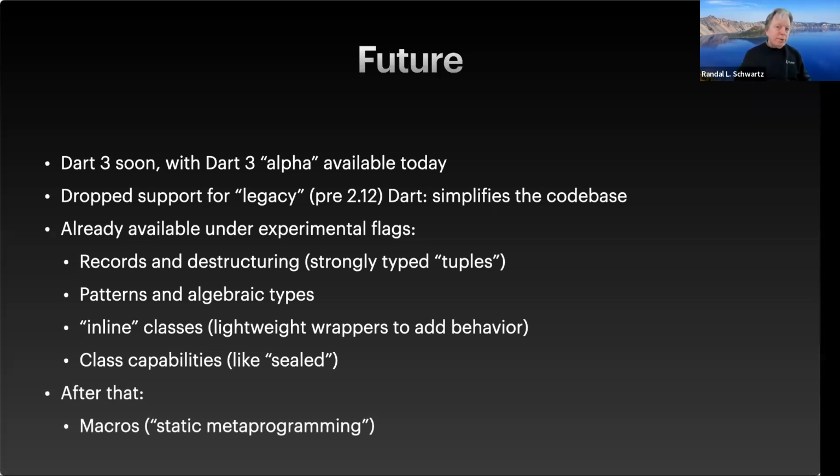So what macros are is static metaprogramming, basically a way to generate code, have the compiler generate code on the fly based on the code you're providing. And right now you can do that, but you have to do it with a separate build step.